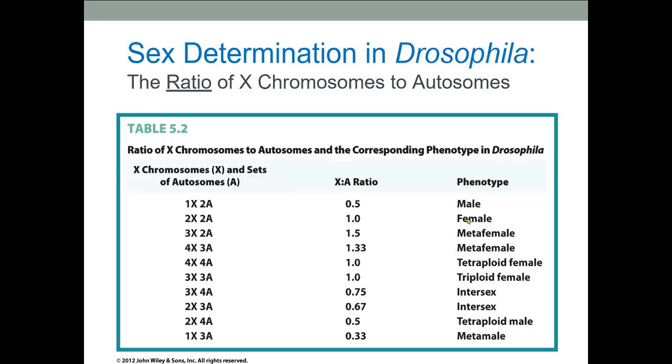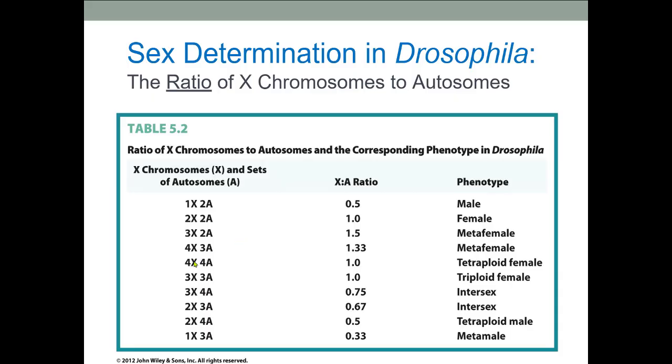When we start talking about non-disjunction and weird chromosomal abnormalities that might happen in a rare scenario, we could imagine ending up with 3 or 4. So 3 X chromosomes in an otherwise normal cell would be our metafemale. This is the one that the chart mentioned usually dies. So it's pretty stressful for the cell.